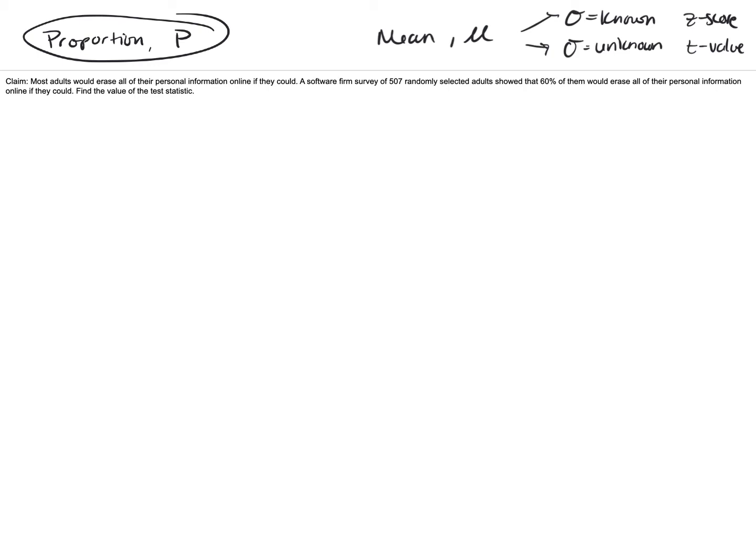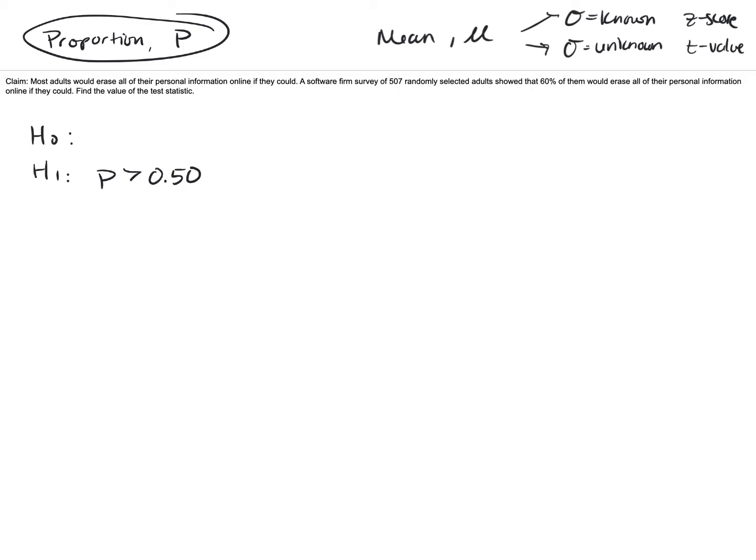Even though this question does not ask us to write down the null and alternative hypothesis, let's go ahead and do that. In this problem, the claim is that most adults would erase all of their personal information. Most means more than 50%. So that will be the alternative hypothesis. The alternative hypothesis is that P is greater than 0.50, because that means most, right?